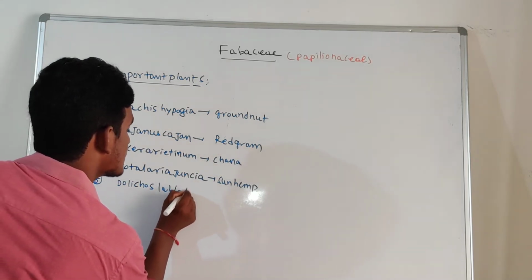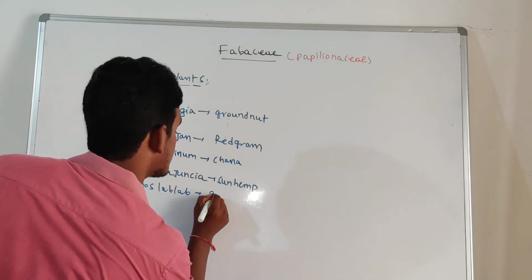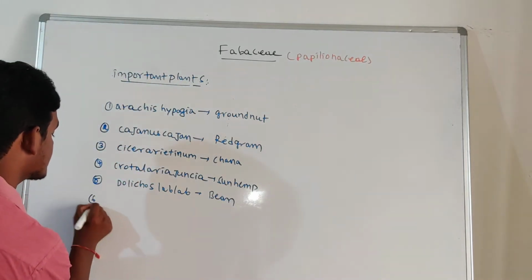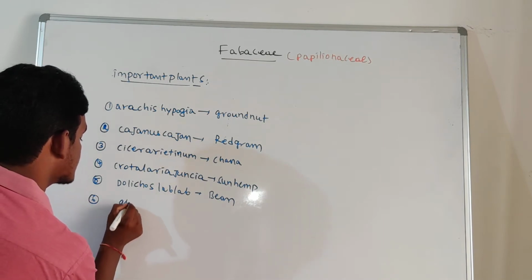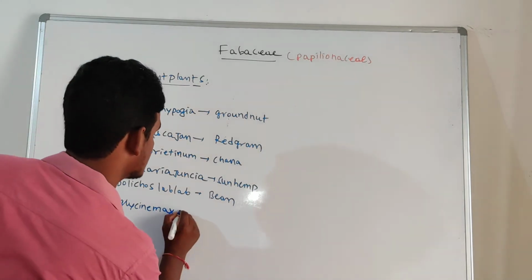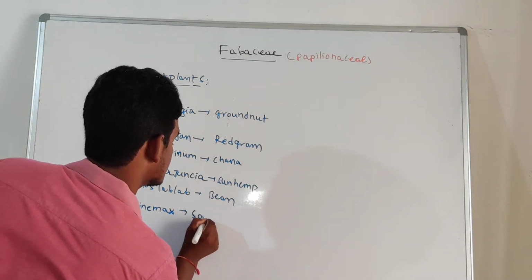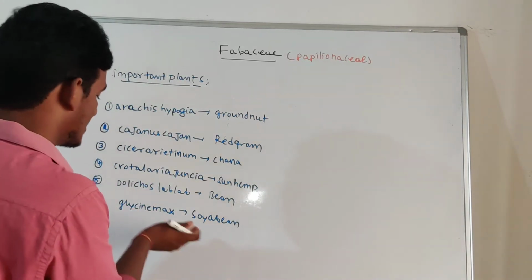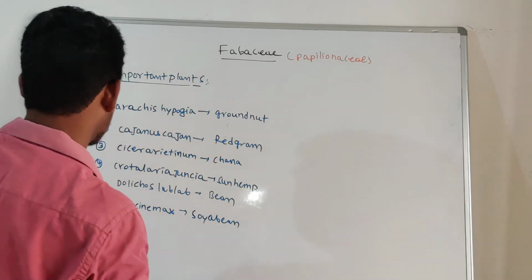Dolichos lablab, a bean. Glycine max, soya bean. Along with these plants we will discuss some importance also.